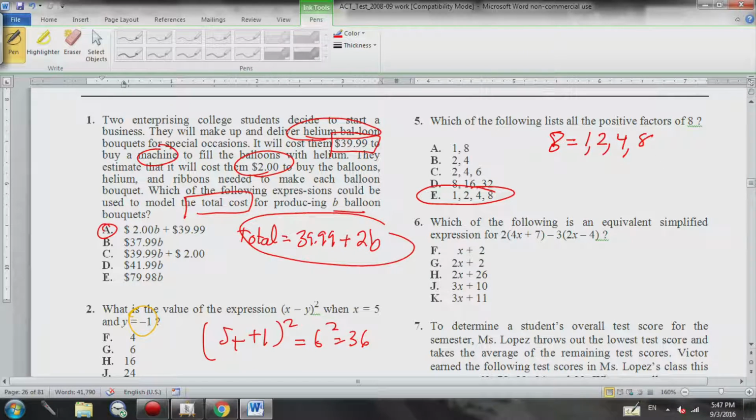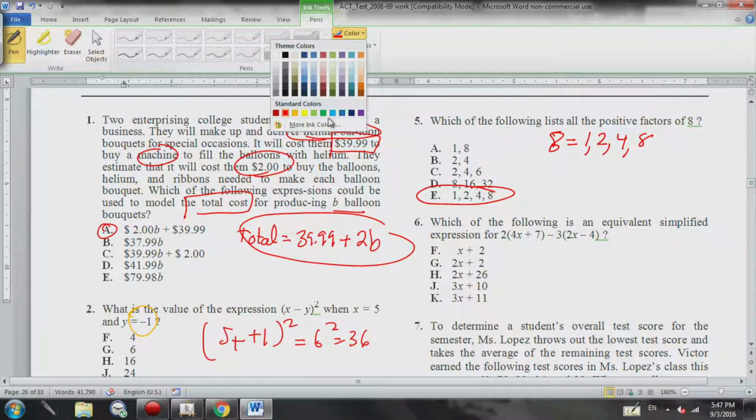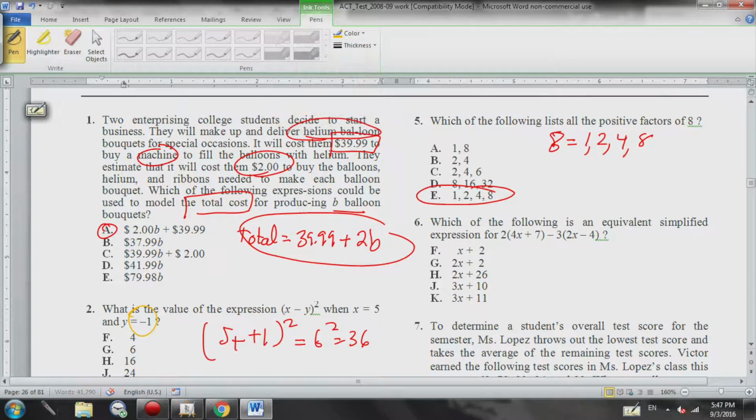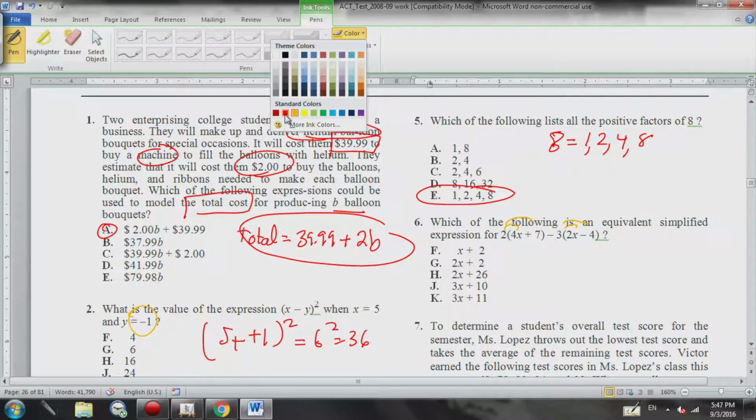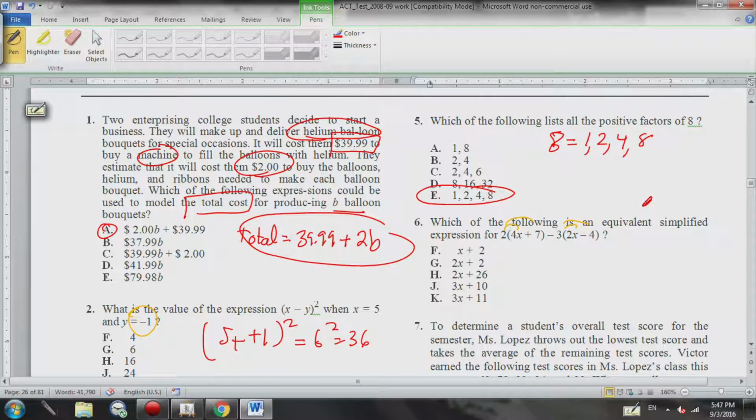Which of the following is the equivalent simplified expression for this? This is testing basically if you can distribute and then simplify. Let's distribute and simplify. And it's also testing whether or not you can do progressive logical reasoning in baby steps, don't forget. So 8x plus 14, now it's negative 3 that's being distributed, see?